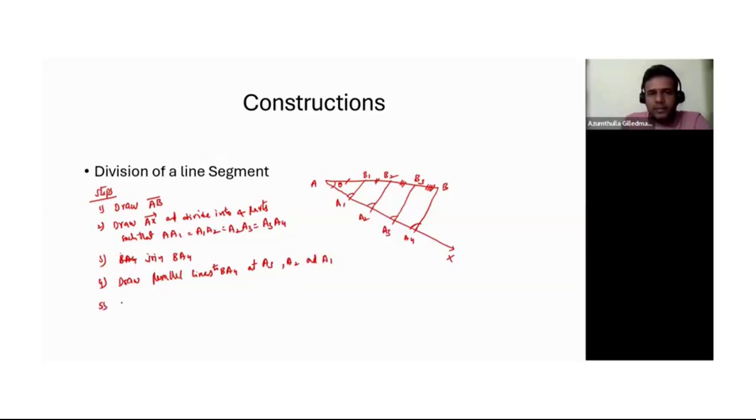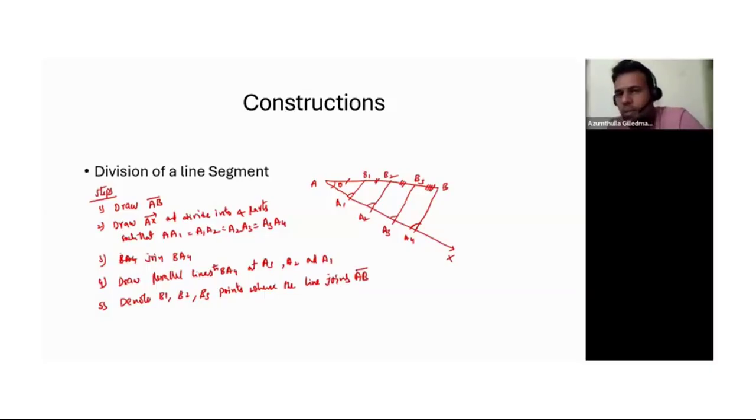Then what we need to do, denote B1, B2, B3 as the points where the lines join the AB segment, right?